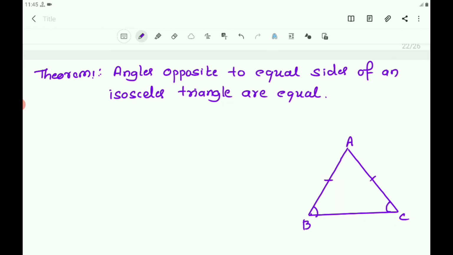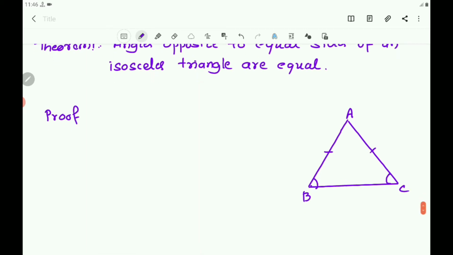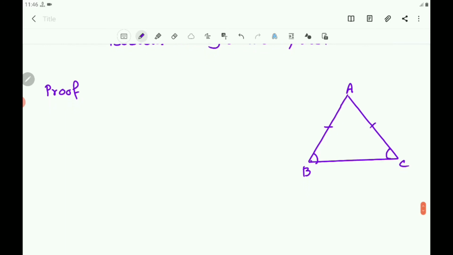Now let us prove with the help of a convenient congruence rule. Let us write the proof here. First, what is given? Let us note that down.